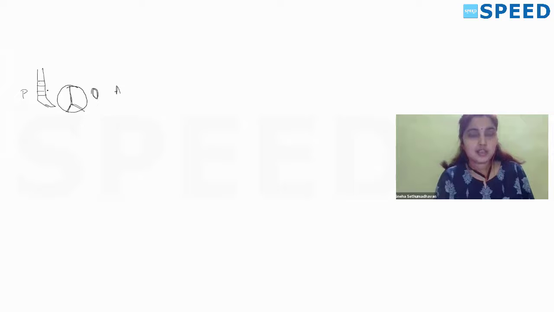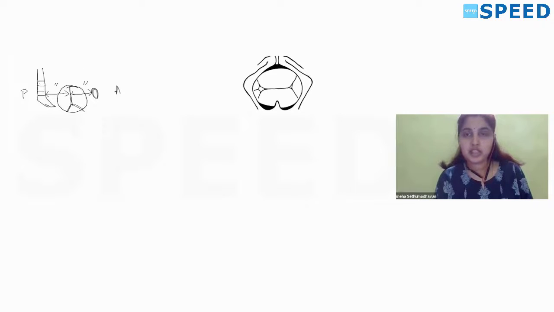The distance between the sagittal suture and the sacrum and the sagittal suture and the pubic symphysis will be of equal length, and this will be called synclitism. So if you see from the foot end of the patient, the pubic symphysis is anterior, the sacrum is posterior. This is the sagittal suture of the baby, and if you see, these two distances are equal. So this is synclitism. All right.